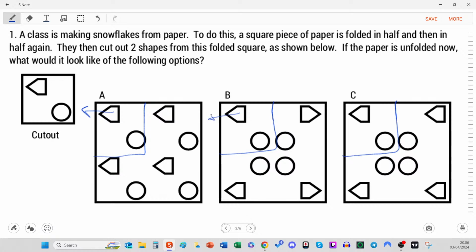So let's use the B, for example. It's going to be equidistant in the opposite direction as it's folded out at the center point there. And then if we take that top part and fold it down, these circles go to these circles. They're the same distance apart. And actually, these will become the same orientation. So we're talking about reflection here.